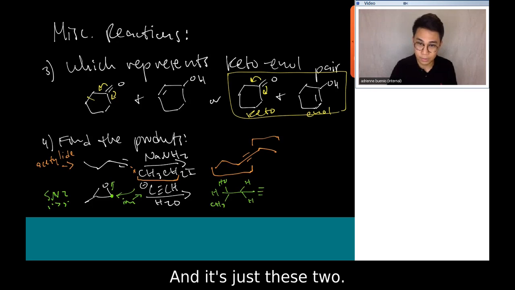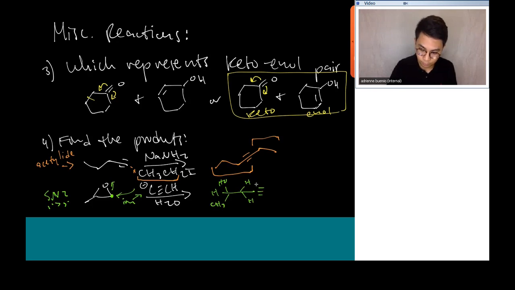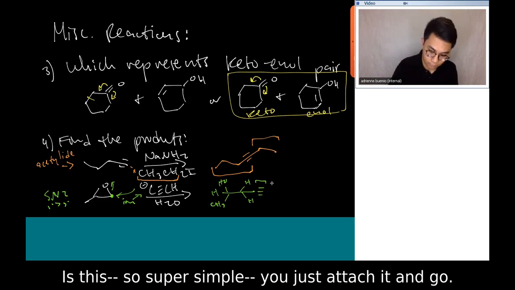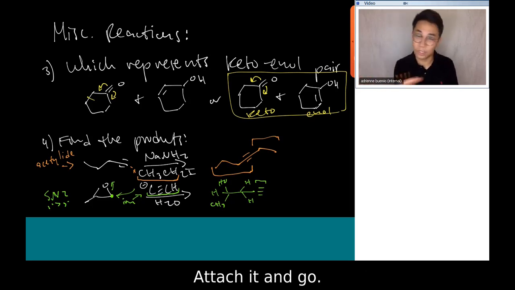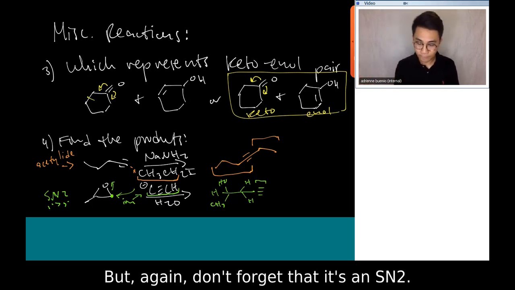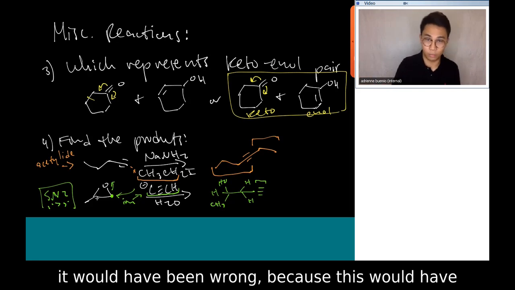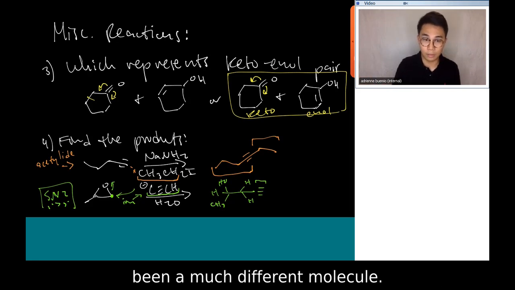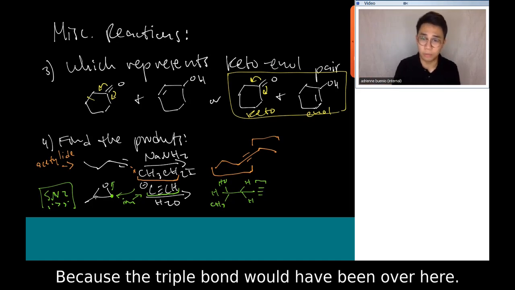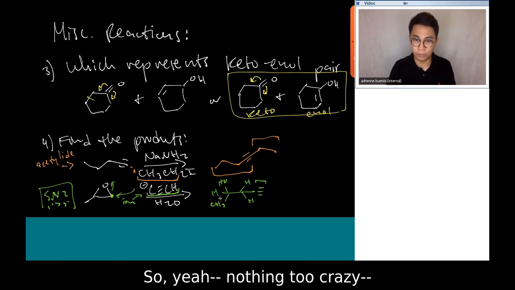Attaches, and it's just these two, right? So super simple. You just attach it and go, attach it and go. But again, don't forget that it's an SN2, right? If you were to attach it over here, it would have been wrong because this would have been a much different molecule because the triple bond would have been over here. So yeah, nothing too crazy.